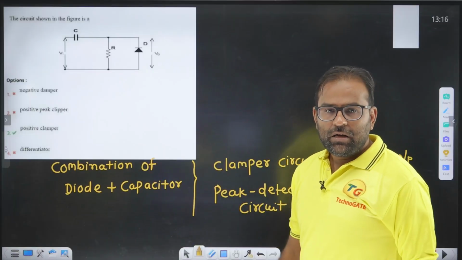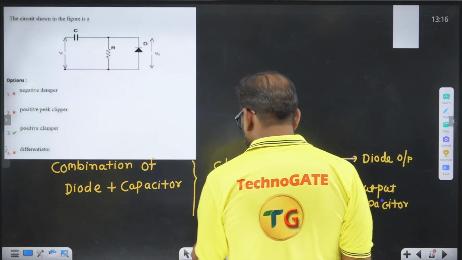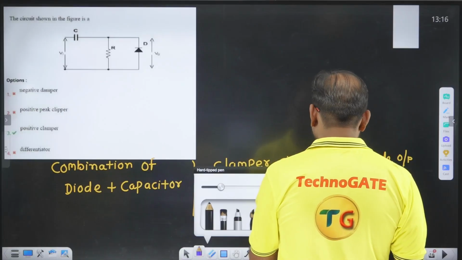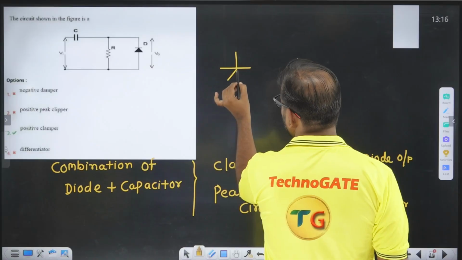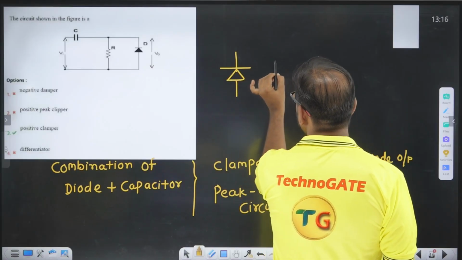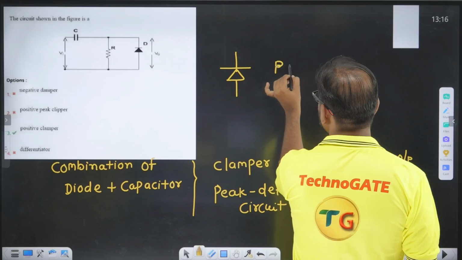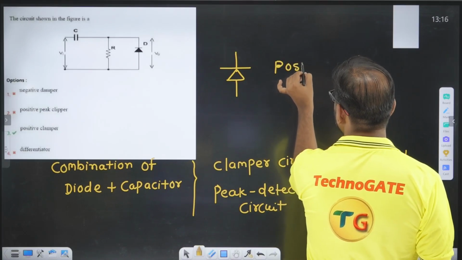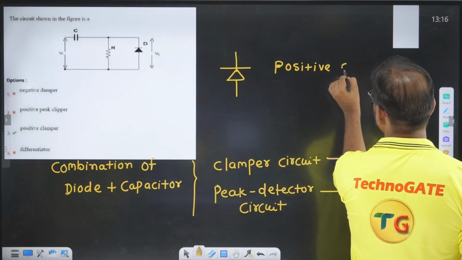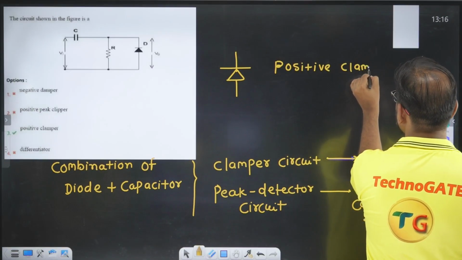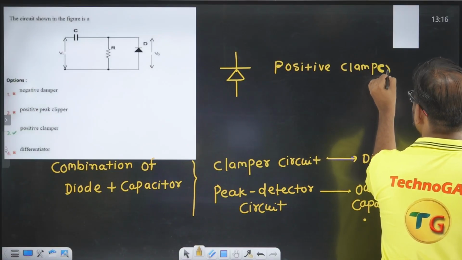So here you are taking output across what? Diode. Now if you have the diode in upward direction, then it is known as a positive clamper.